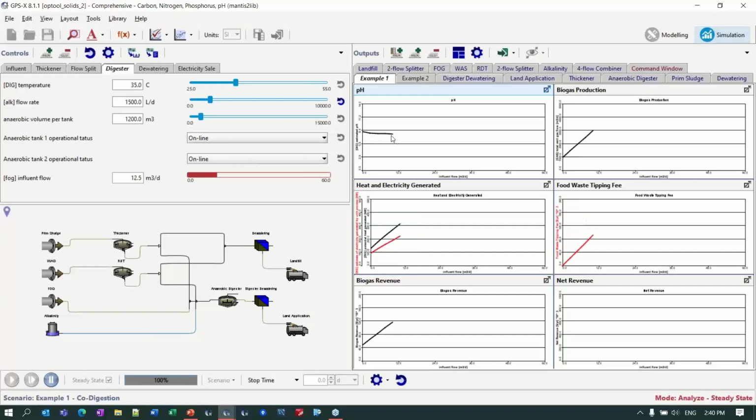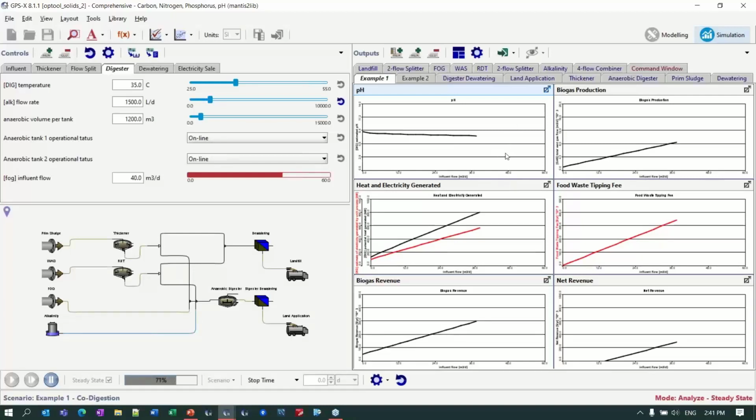And basically, we can now see that we started out at a slightly higher spot because actually, even though we didn't need it, just to make things easy to explain, we're leaving the caustic dosage on all the time, a constant amount, no matter what was being added to the digester.